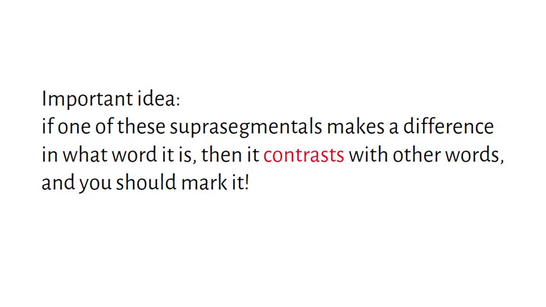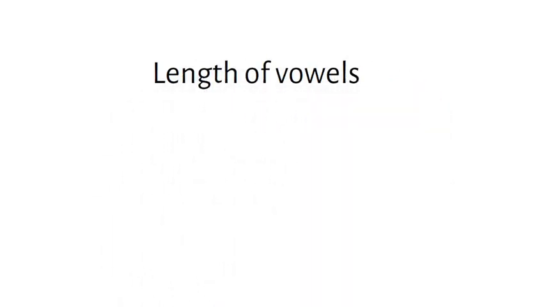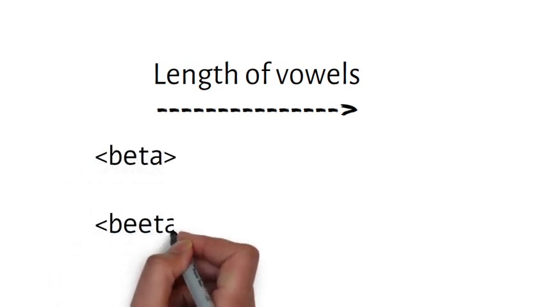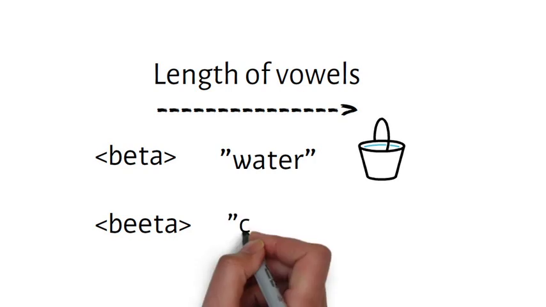First, let's talk about a common suprasegmental, the length of vowels. In many languages, a vowel can be pronounced as either short or long. What do we do with this? Yes, let's say we have two words, beta and beta, and these mean water and child.